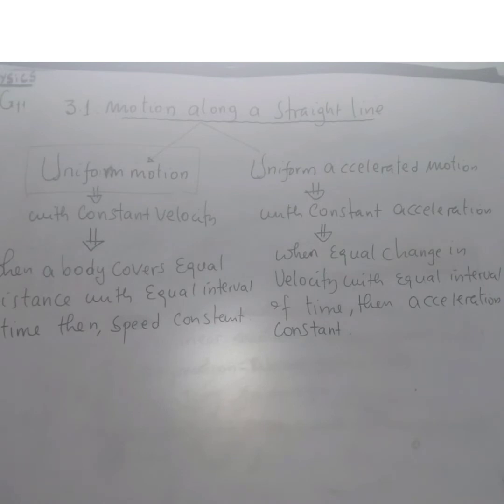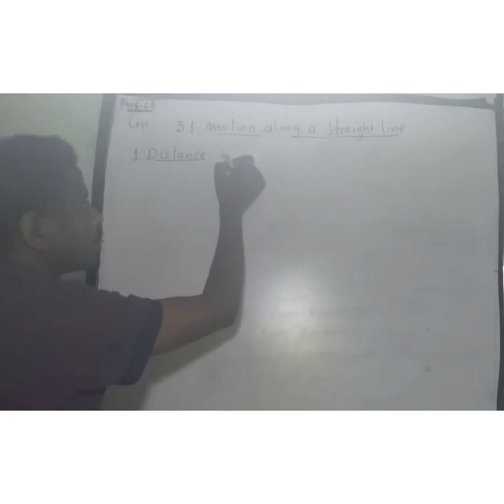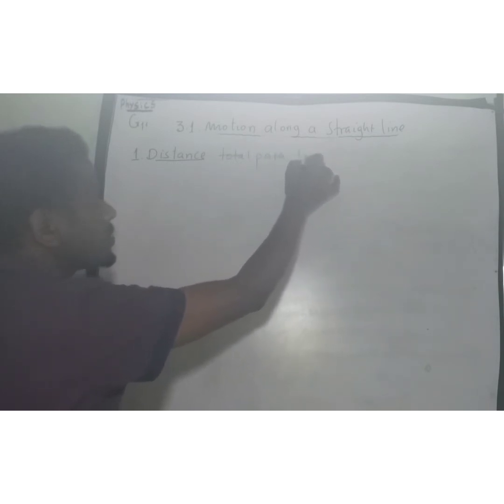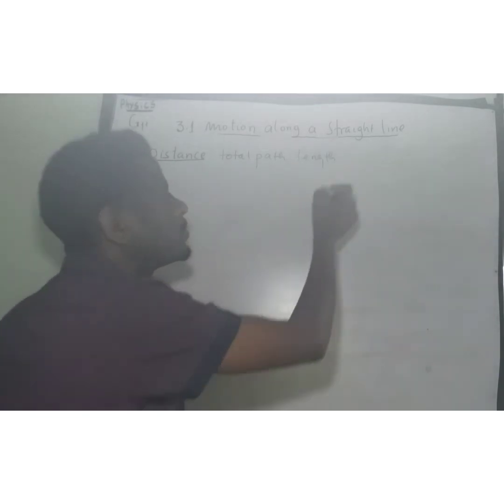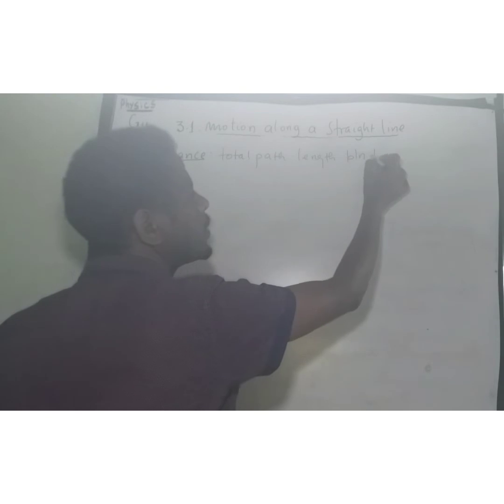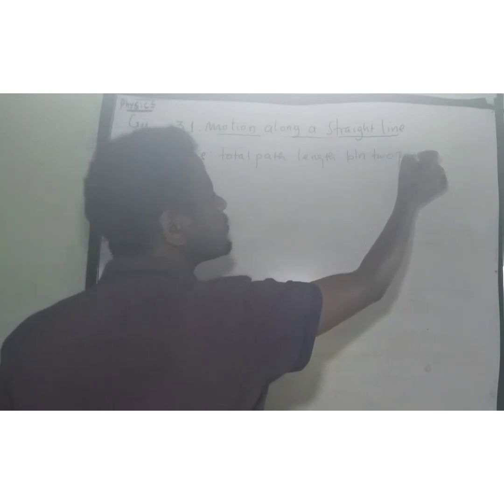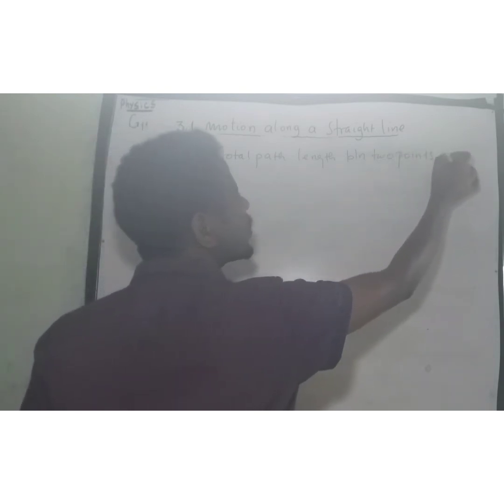First, let's see the terms that describe uniform motion, like distance, displacement, speed, and velocity. First, distance. It is the total path length between 2 points or places.